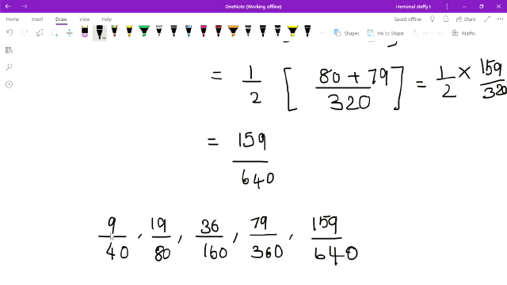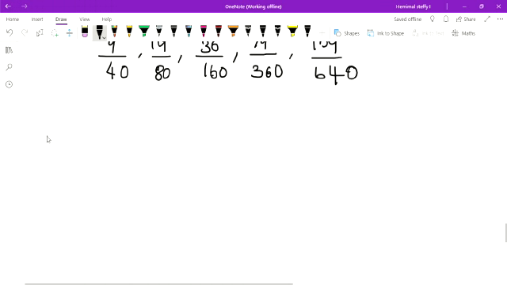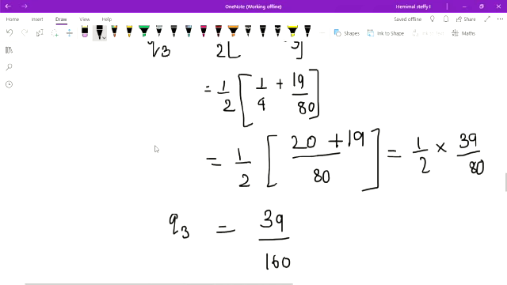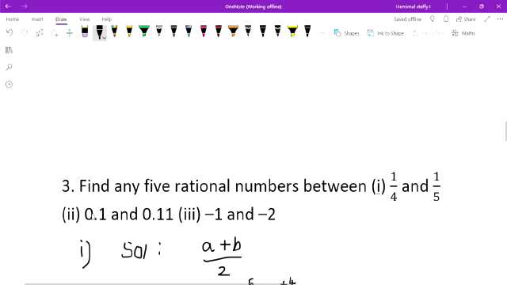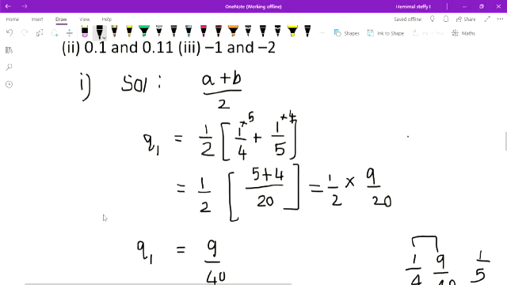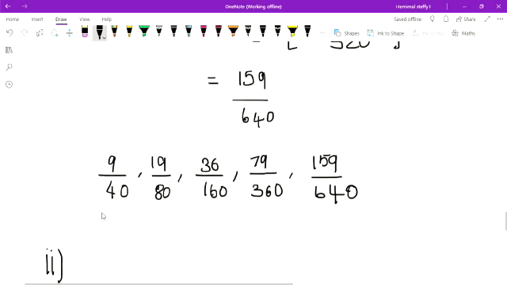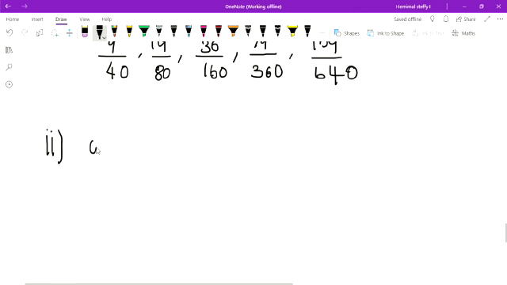Okay, is it clear? So we go into the second sum. What is the second sum? 0.1 and 0.11.